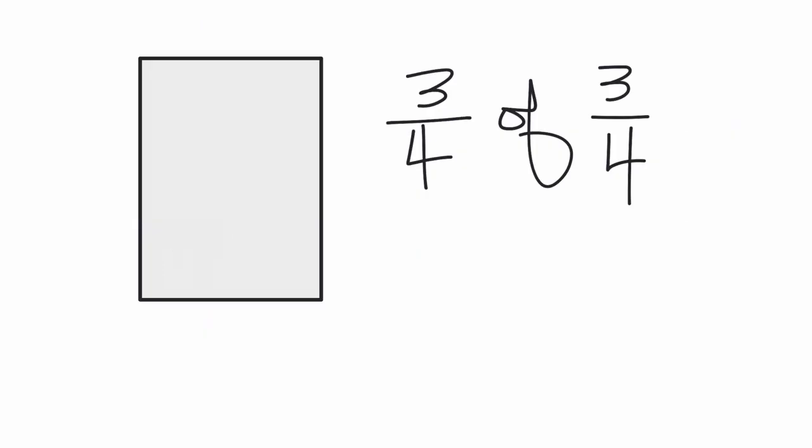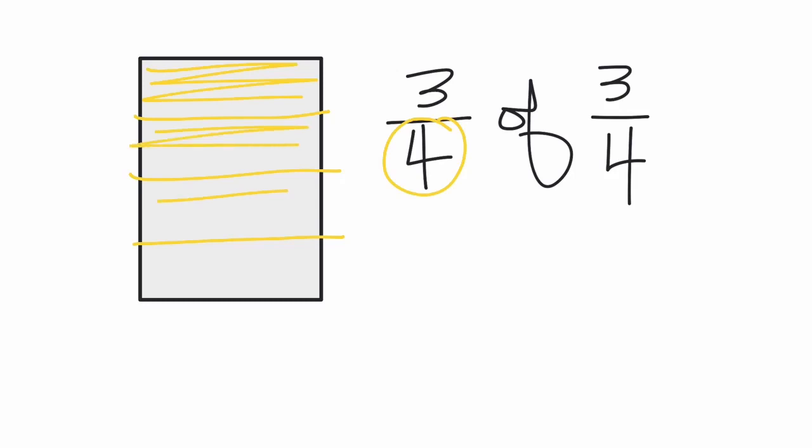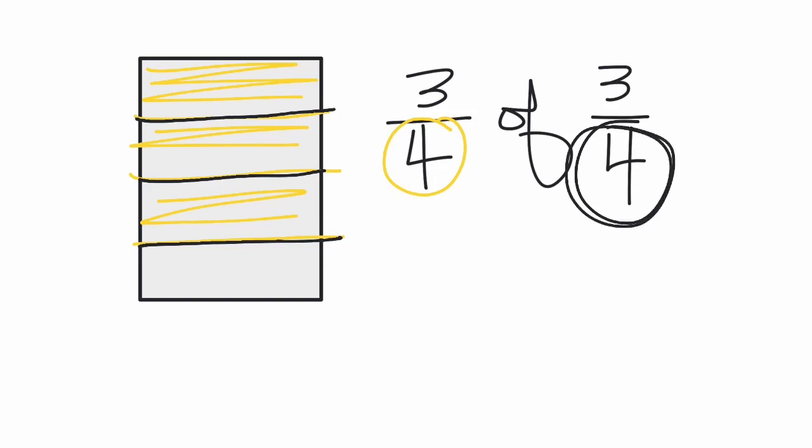Let's do another one. I'm going to break it first into fourths. So 1, 2, 3, 4. And I'm going to color 3 of them. So 1, 2, 3. And I'm going to go over those with black just so you guys can keep track of it a little bit better. Okay. And then the next one wants me to also break it down into fourths.